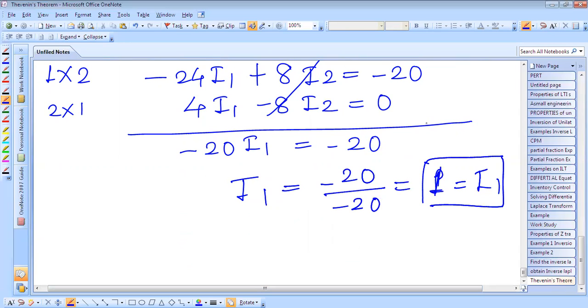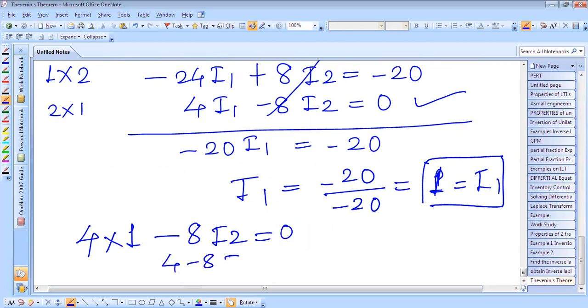Now find the value of I2. So you put this value of I1 in equation number 2, and we'll get the value of I2 here. This 4 minus 8I2 is equal to 0, and therefore 8I2 is equal to 4.